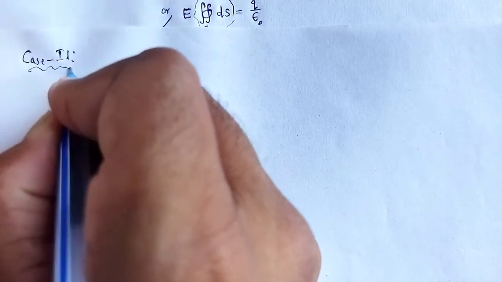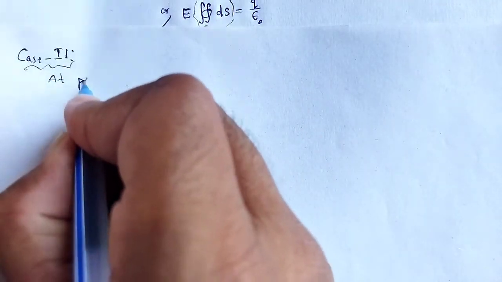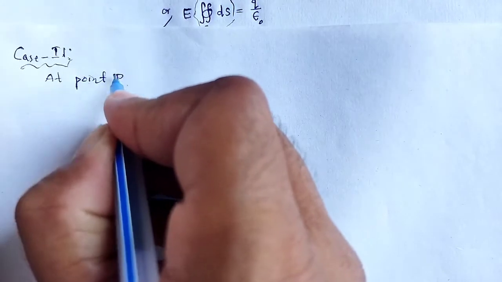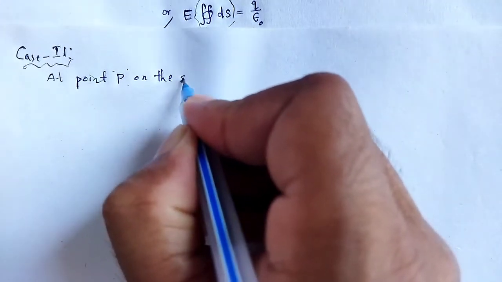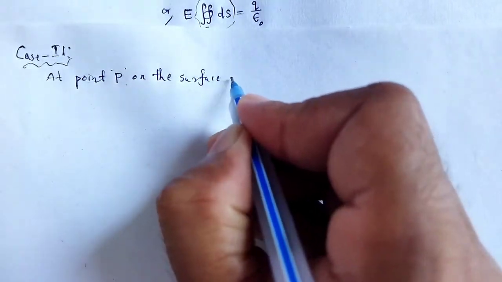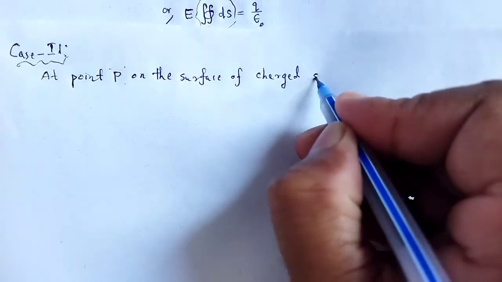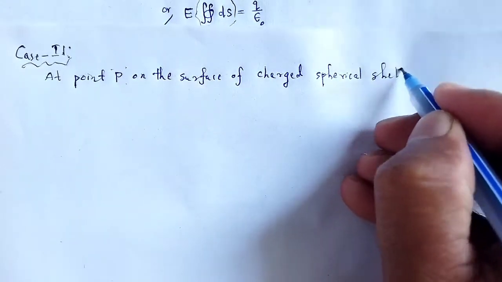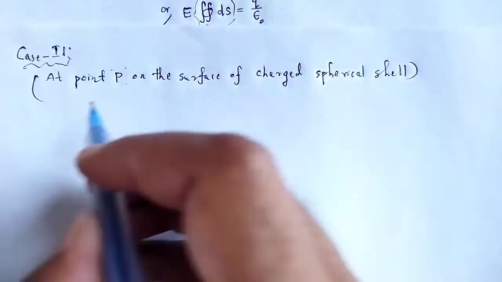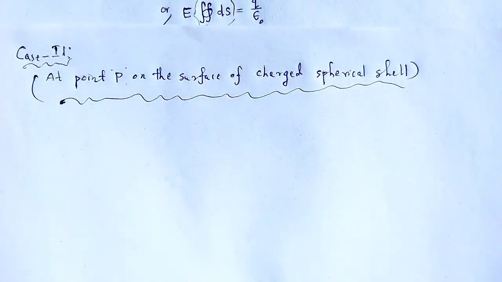Case 2, at point P on the surface of the charged spherical shell. Then what should be the value of electric field intensity?